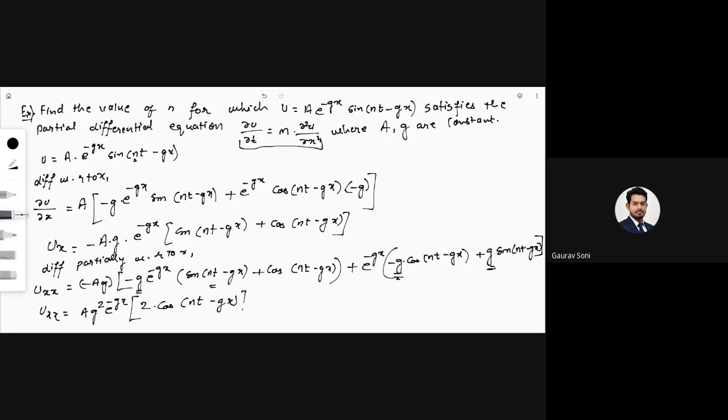Please check the calculations. I may be wrong somewhere. So uxx, what we have got, 2A g square e to the power minus gx cos of nt minus gx.